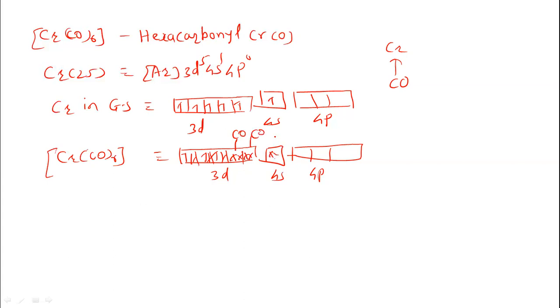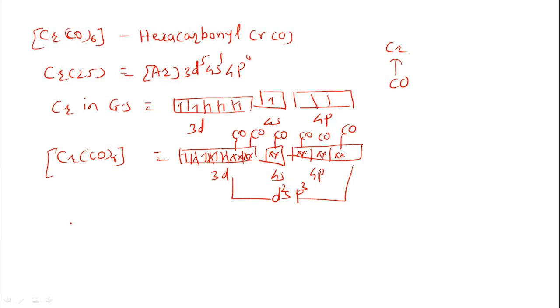Similarly here 2 electrons are coming from the carbonyl ligand, and they go into this orbital. So the hybridization now is a combination of 2 d orbitals, 1 s orbital and 3 p orbitals, d2sp3. So the central chromium atom undergoes d2sp3 hybridization.